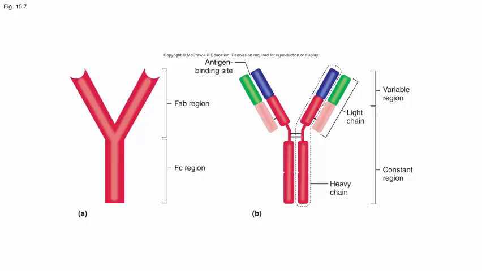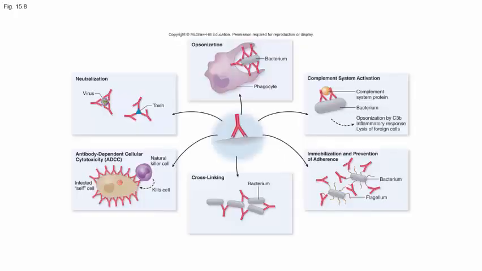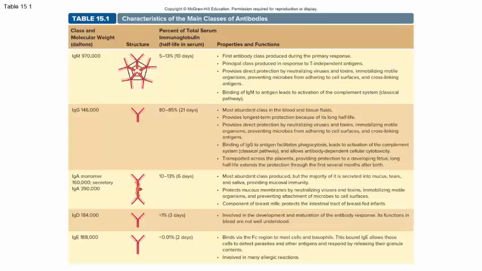The amino acid sequence of the constant region determines the class of the molecule. There are 5 types of constant regions. They correspond to the major classes of immunoglobulin molecules. And you will see this in 15.1, right here. And yes, it can get astounding because of the shapes and configurations. But we'll get into that in a few minutes.